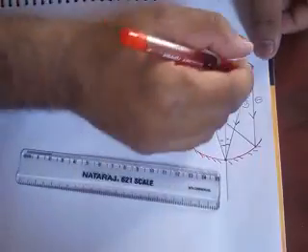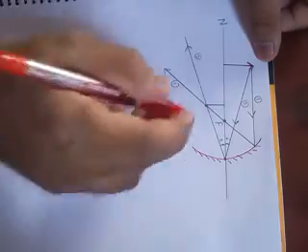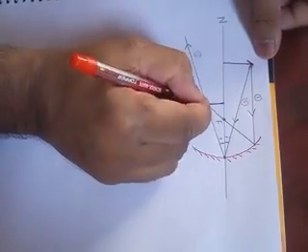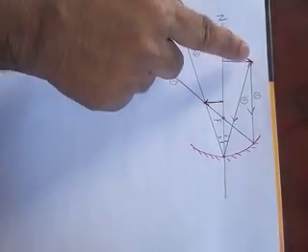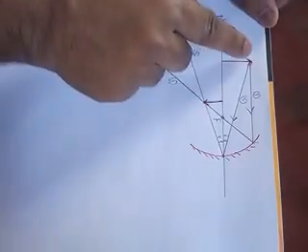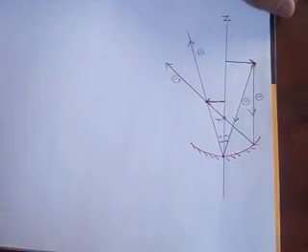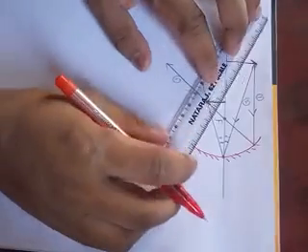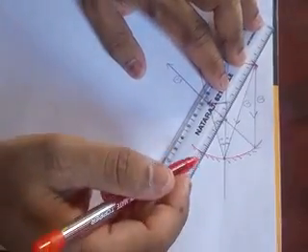So for this object, see carefully, we are getting this image at the intersection. There are so many methods. We can take one ray passing through the focus. This will become parallel to the principal axis. If you want, I can show also, but this will make the diagram slightly confusing.